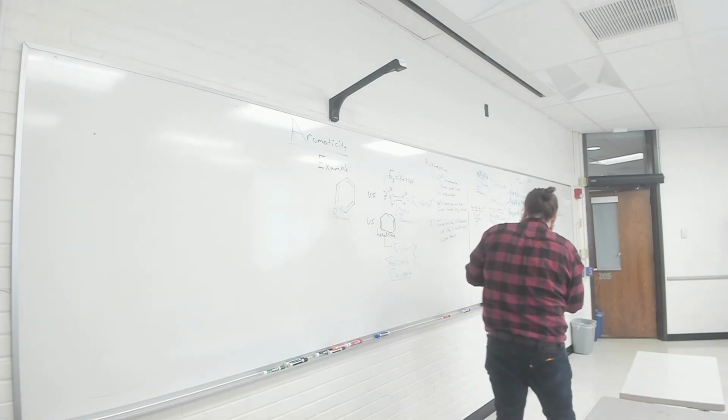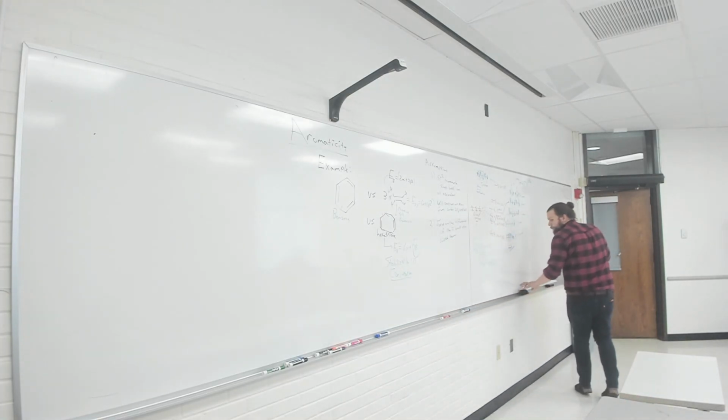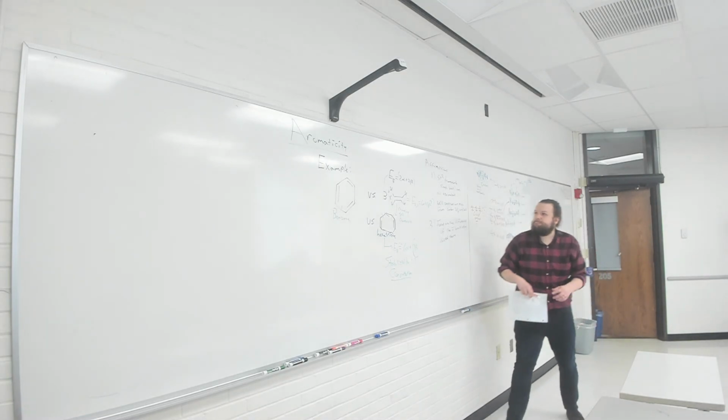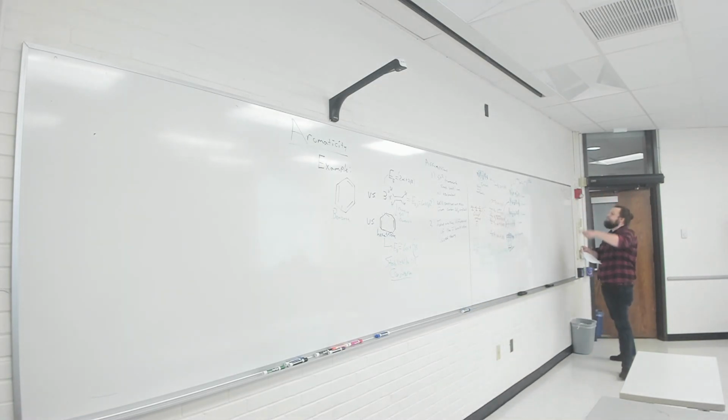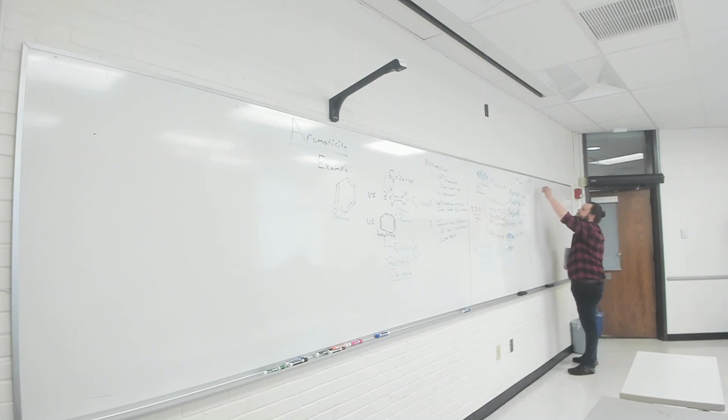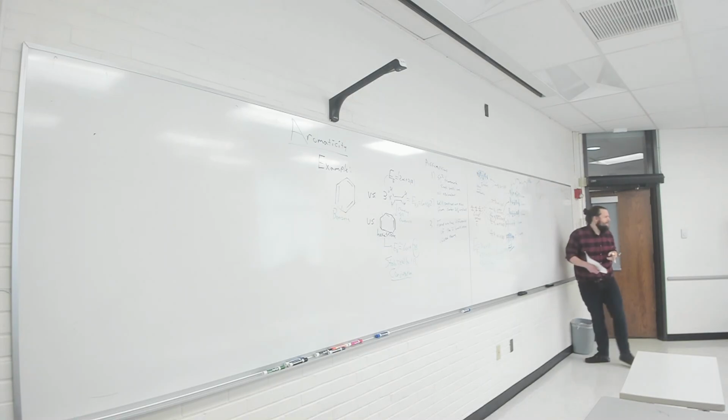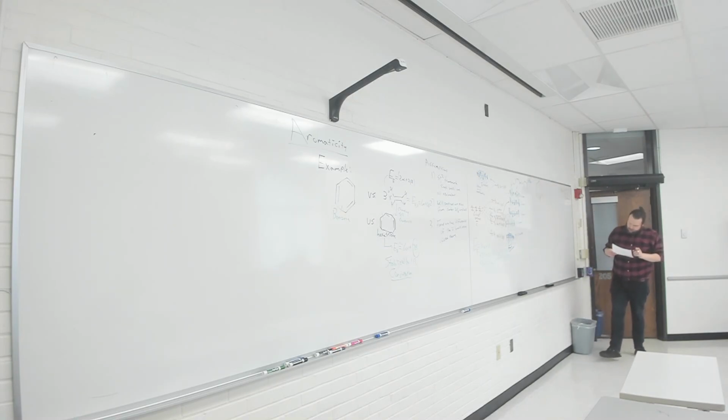Okay. All right, so let's do benzene. Let's go ahead and label our atoms. Start from there. Again, it doesn't really matter where we start because it's a ring. It's completely arbitrary.